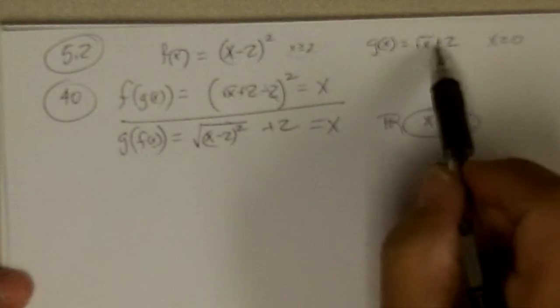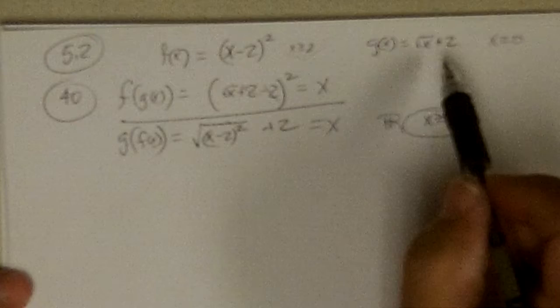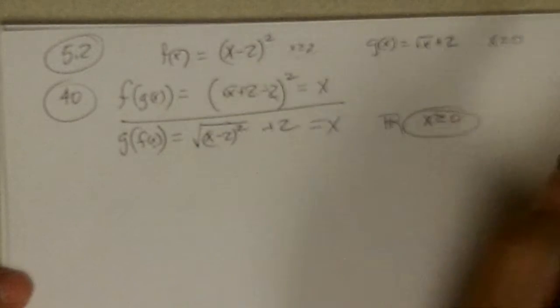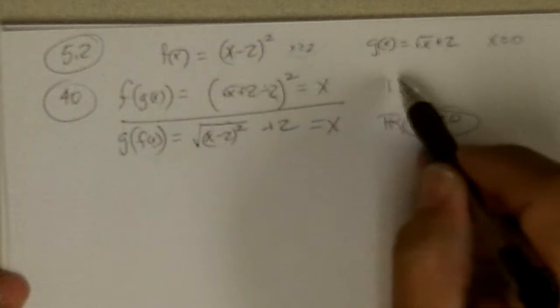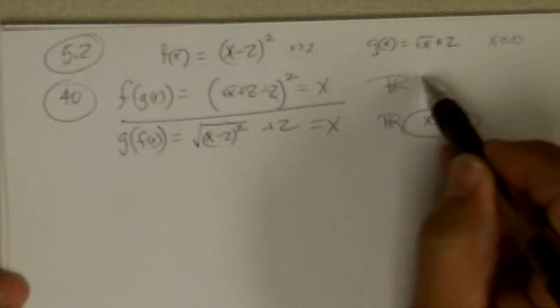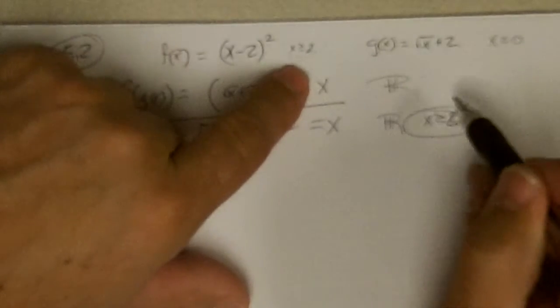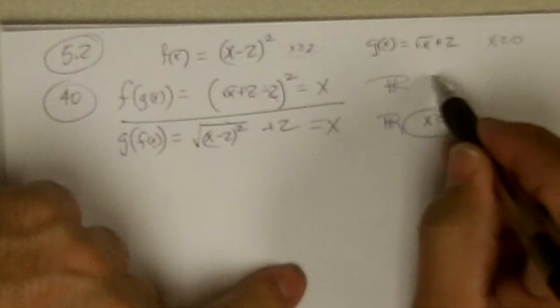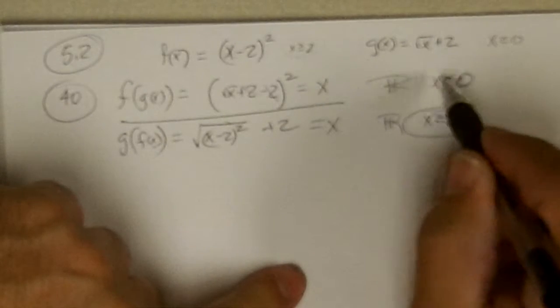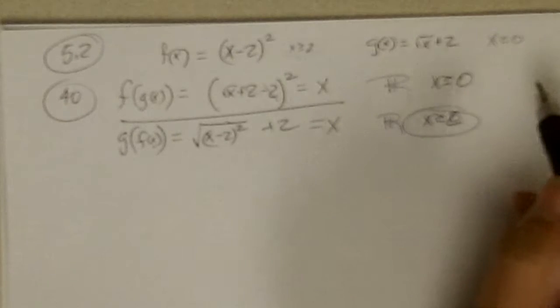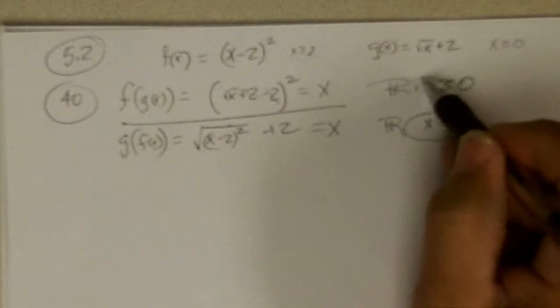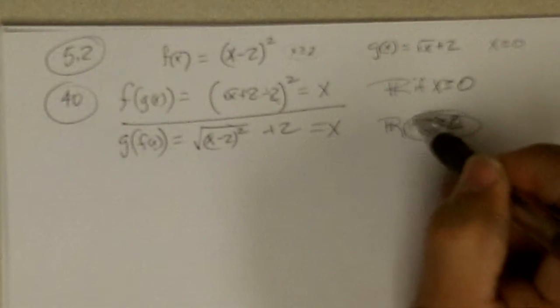And if I put any of those numbers in there, I'll get a positive number plus 2, which is going to be numbers greater than or equal to 2. So the domain this way is going to be all reals, where x greater than 2 on this other one. And this one is going to be x greater than or equal to 0. Okay?